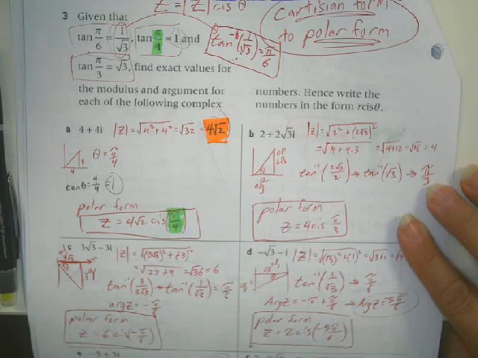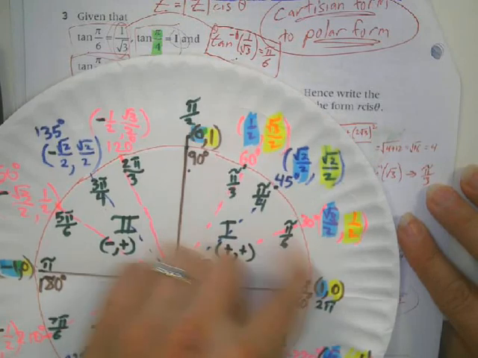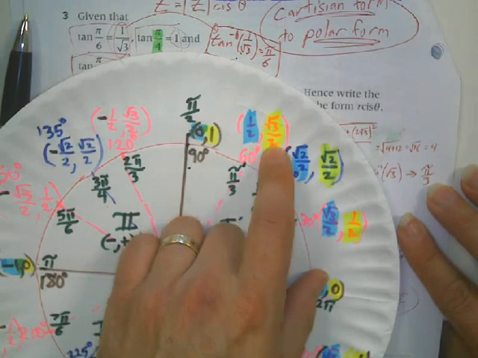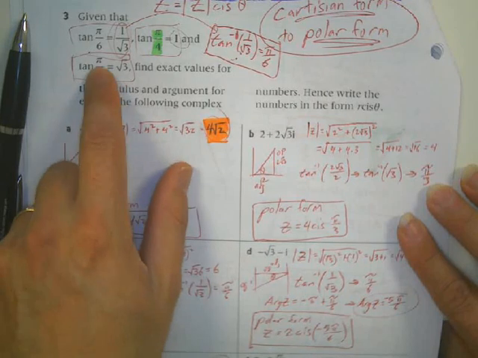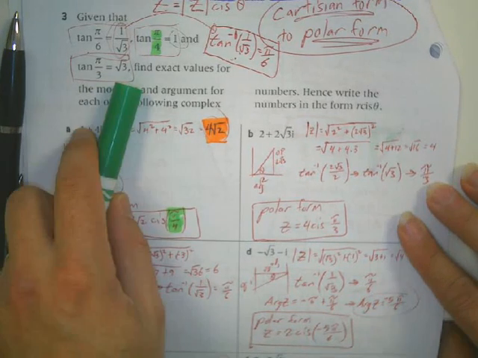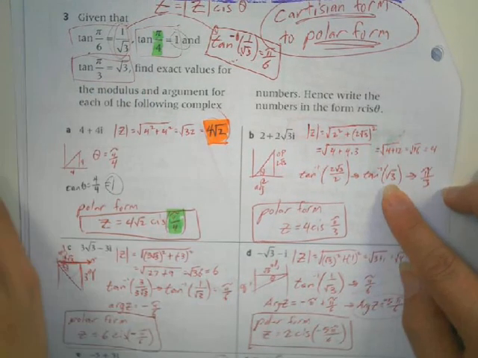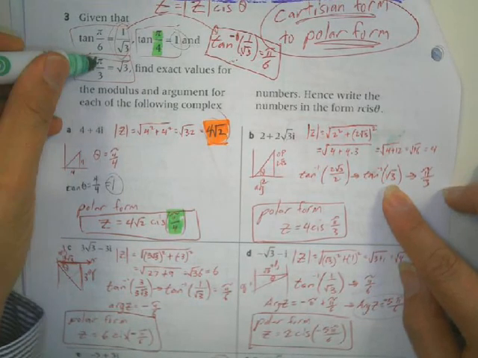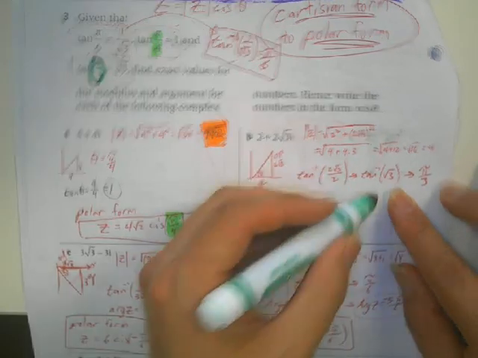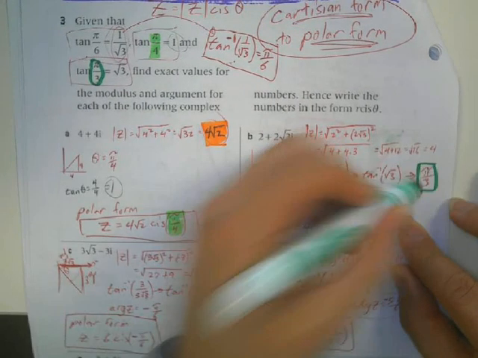But they already told you that up here. If I've got the inverse tangent of radical 3, we know that our argument is going to be pi/3.